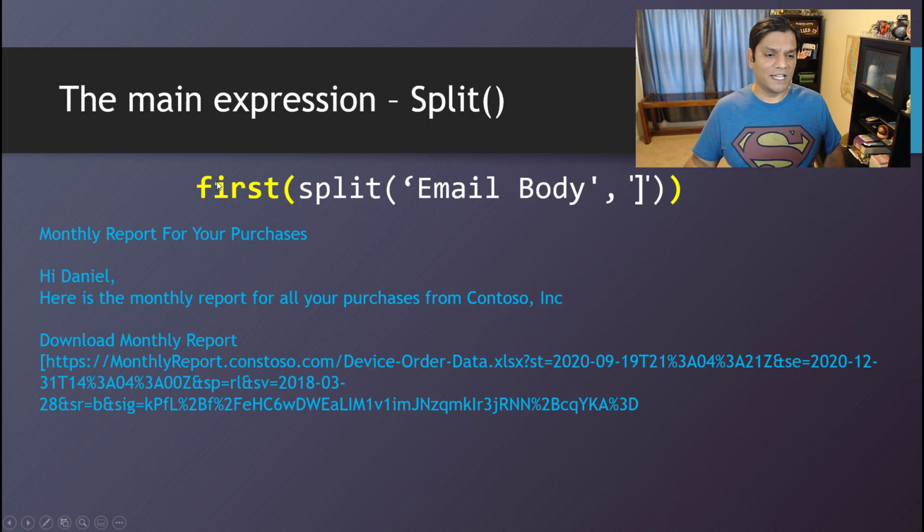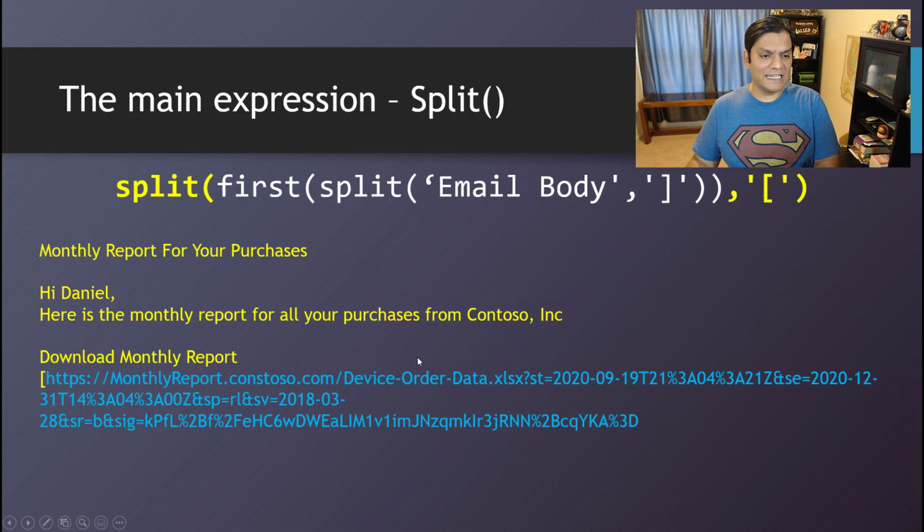So I did the split, I went and picked up the first, but the next thing that I'm going to do is another split. Now I got to do another split on the opening box over here, because that's the only thing that was left. So now, once I've used the split with this opening box, I'm going to break the text down into two more sections. The initial piece, which is all in yellow, and then the remaining piece which is all in the blue.